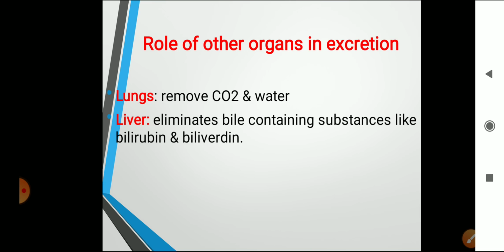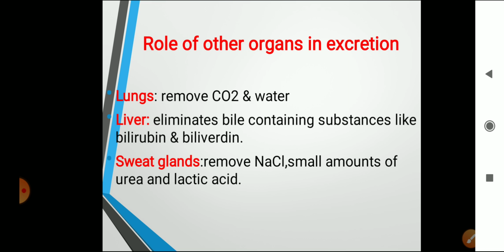Liver eliminates bile-containing substances like bilirubin and biliverdin. You have to remember these two names, bilirubin and biliverdin. These two are the bile pigments. So liver eliminates these two. Then the sweat glands remove NaCl, small amounts of urea and lactic acid.